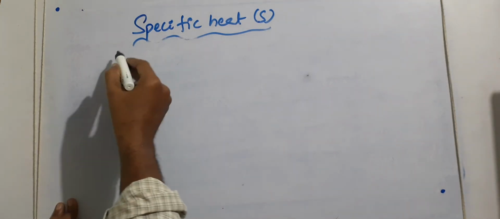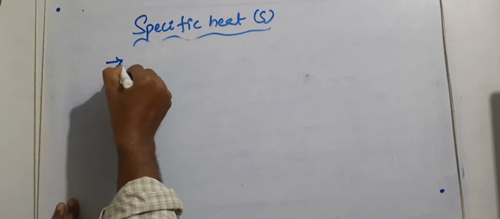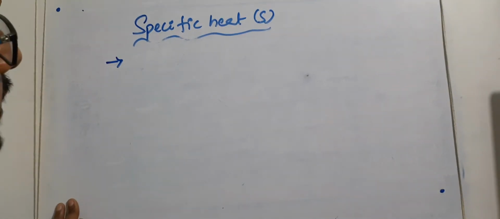Now what is specific heat? We said it depends on the nature of the material of a substance. All substances do not have the same specific heat values.